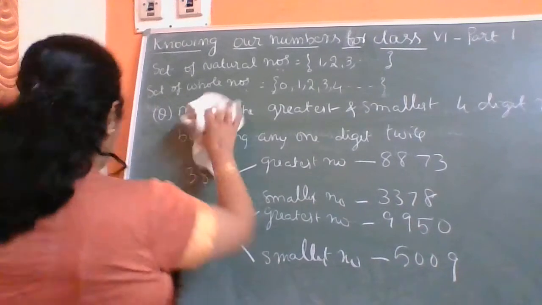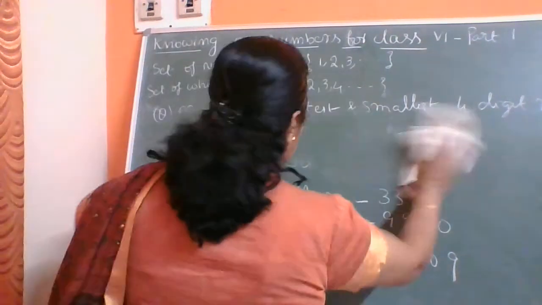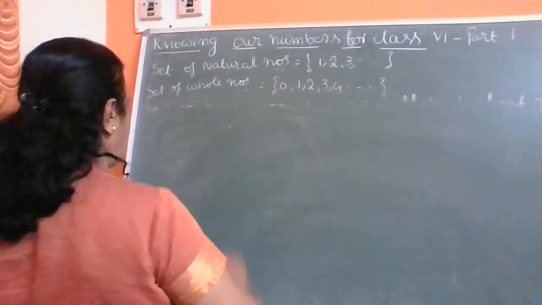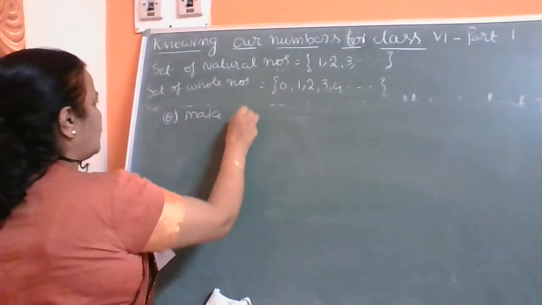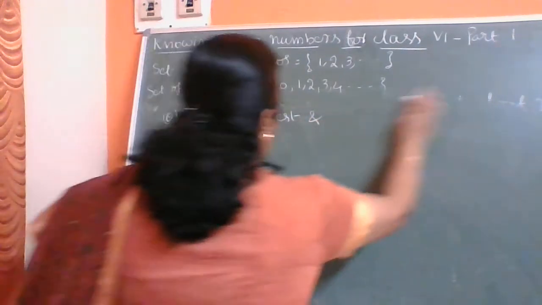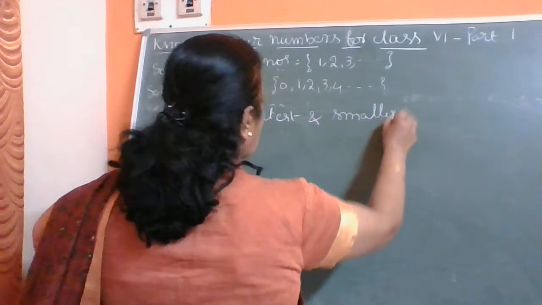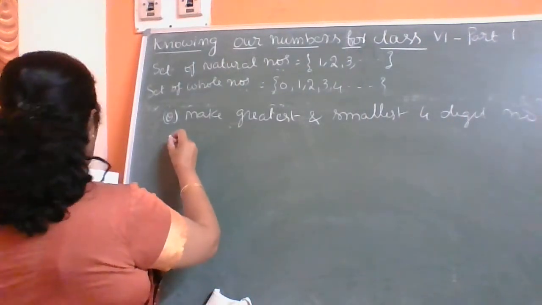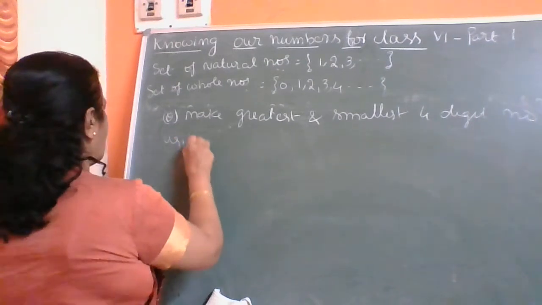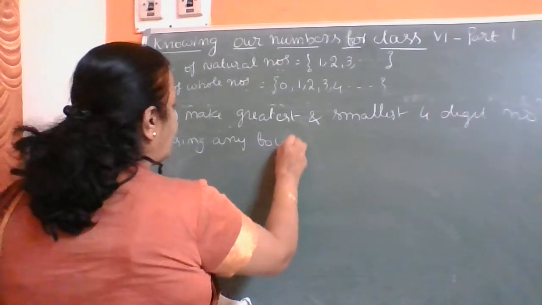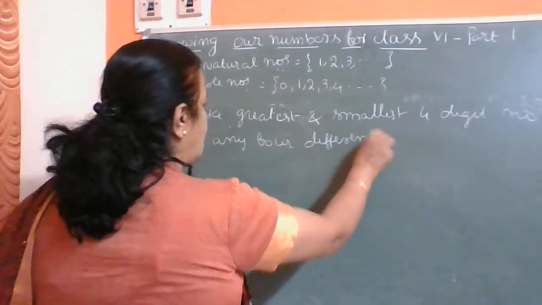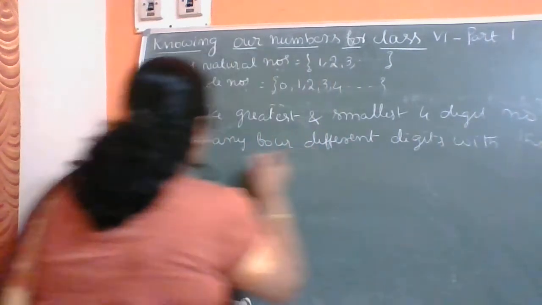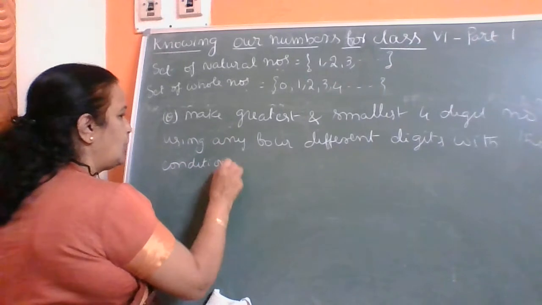And one more type of sum is: make the greatest and the smallest 4-digit number using any 4 different digits with the condition given below.